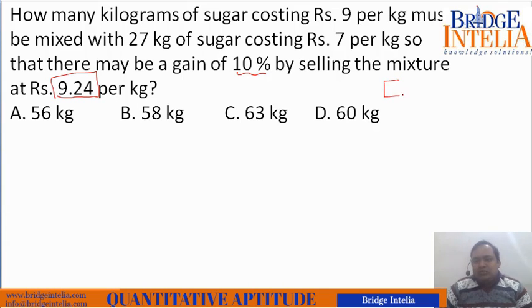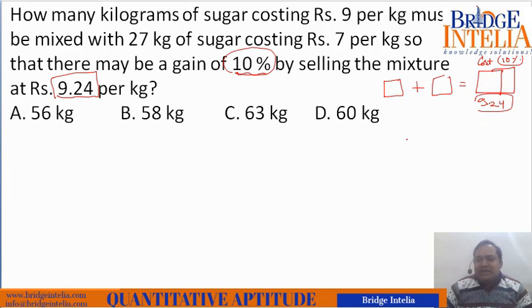So you take two varieties and you mix them, so you get a completely new variety. You are selling that variety at rupees 9.24 and you are gaining 10%. So 9.24 contains the actual cost plus 10% extra. So 100% is the actual cost, 10% is the profit.